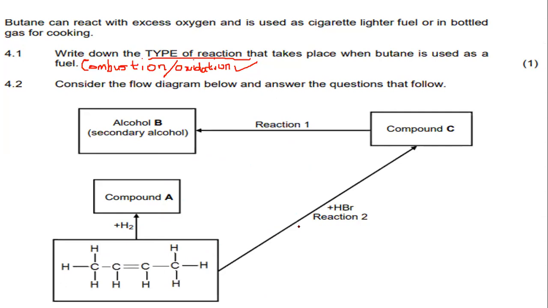Now, if it is in the form of a flow diagram, what must I find out here? Remember, I told you that a flow diagram does not necessarily show you everything that takes place during a chemical reaction. There could be some reactants that are omitted. There could be some products that are omitted.